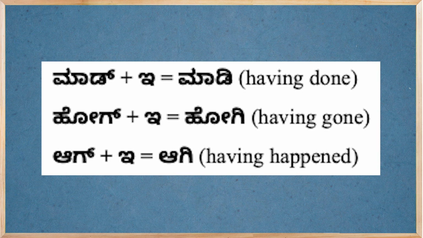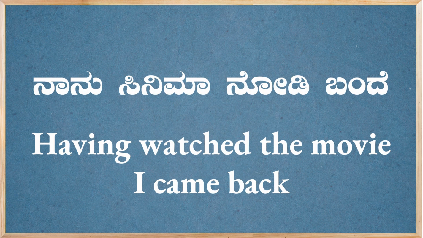For example, mad plus e becomes madi, having done. Hog plus e becomes hogi, having gone. Ag plus e becomes agi, having happened. Now, let's look at some example sentences to understand the usage of e in context. Nanu cinema nodi bande.